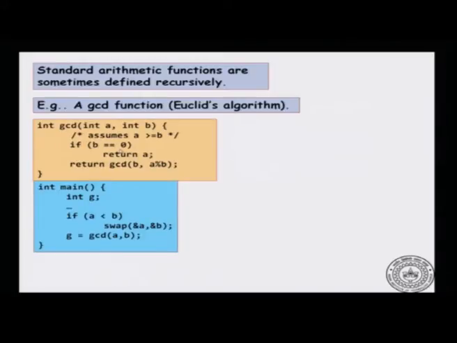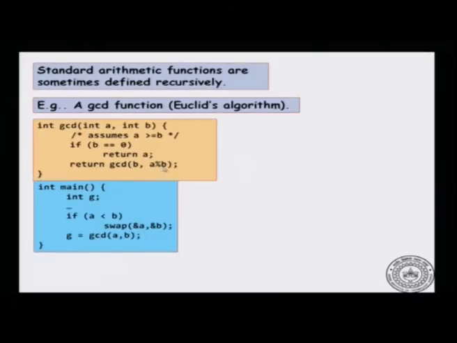If B is 0, then GCD of A comma B is A. If B is non-zero, then you just return GCD of B comma A modulo B. Okay. So, this is how you write the recursive GCD routine, and I will make the claim that this routine is cleaner than the iterative routine.